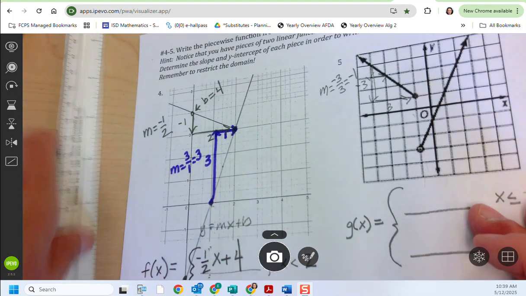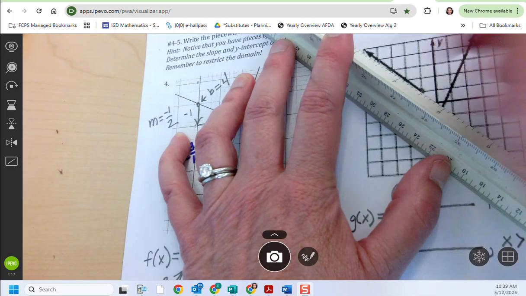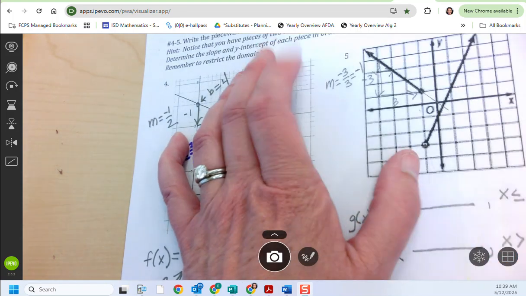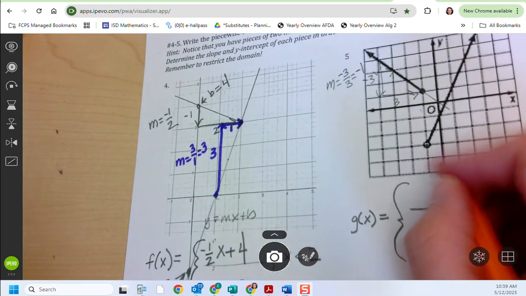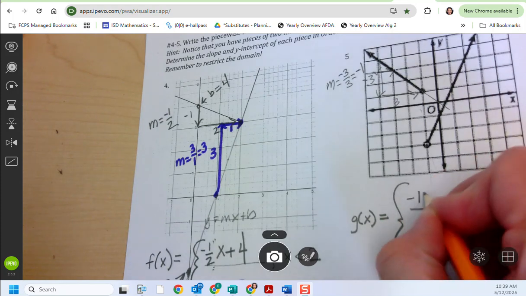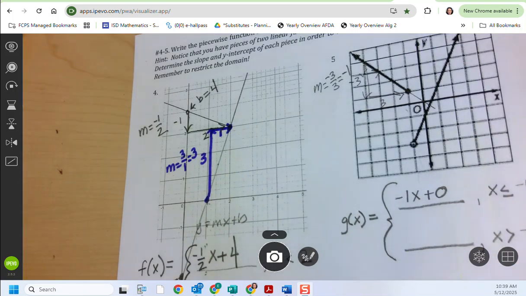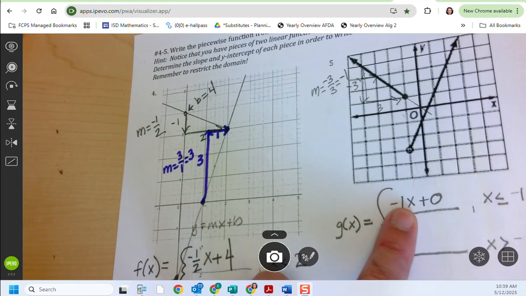And then your b, you can't see it, but if you extend the line, what number do you get? 0. Very good. Okay, so the first one is g of x equals -1x plus 0. Do you have to write plus 0? No, you could just write -1x. You could just write -x.